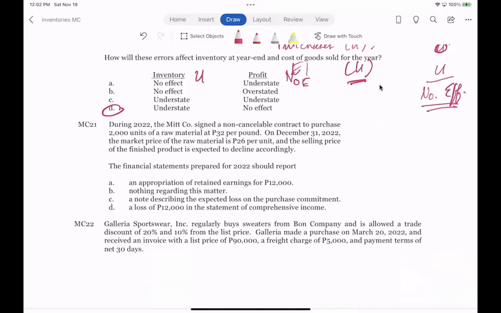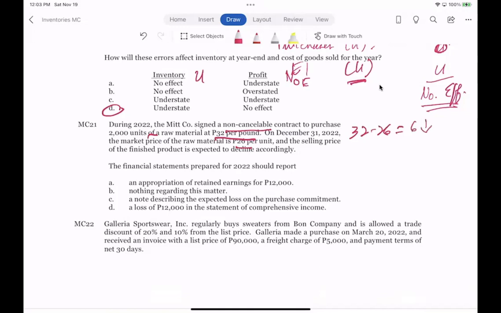During 2022, the company signed a non-cancelable contract to purchase 2,000 units of raw material at 32 per pound. On December 31, 2022, the market price of the raw material is 26. So 32 minus 26, that's a decline of 6.